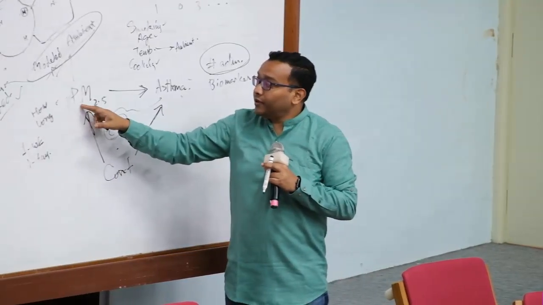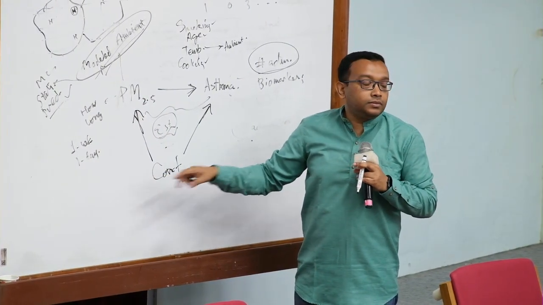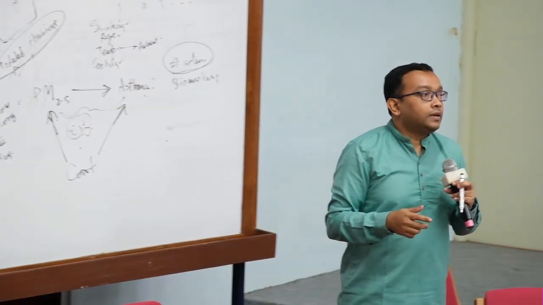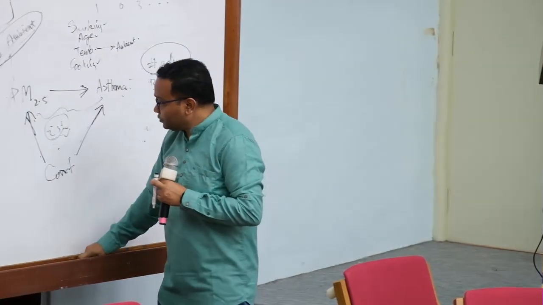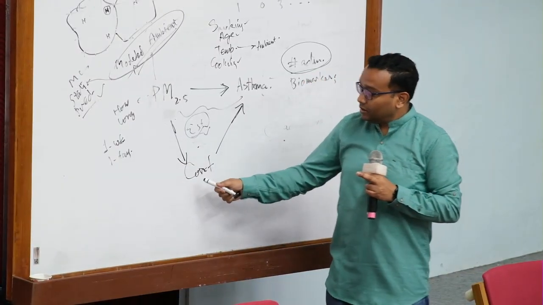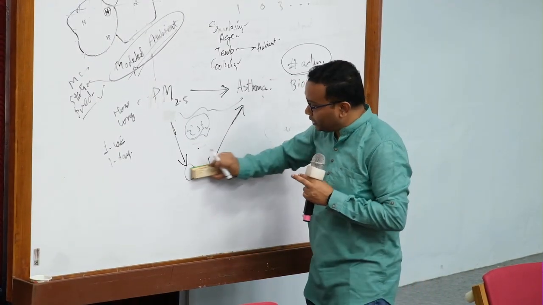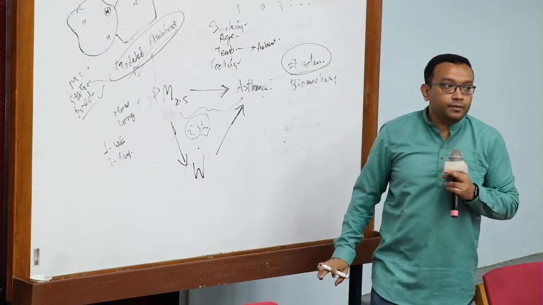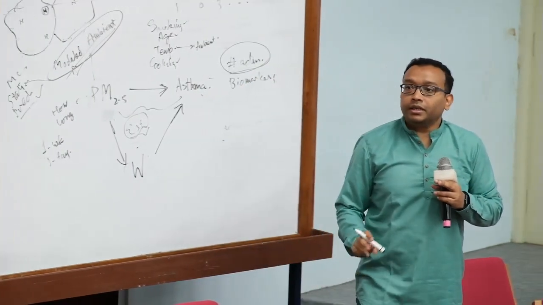If PM 2.5 tells me about the confounder, then it's not really a confounder. If the arrowhead was this way, what is this variable? If I don't write it as a confounder, if I write it as a W, what is W in this case? It's a mediator, it's not a confounder.